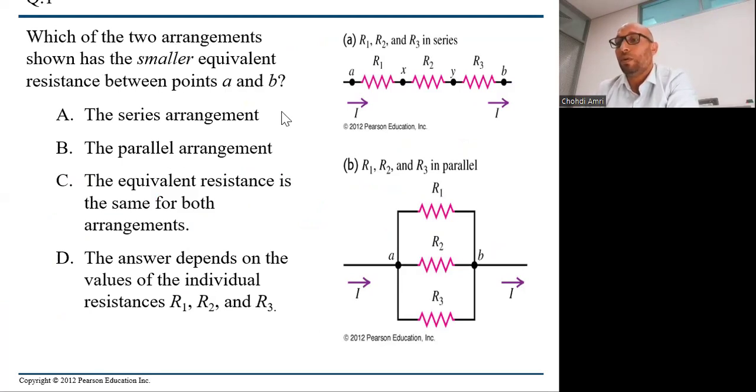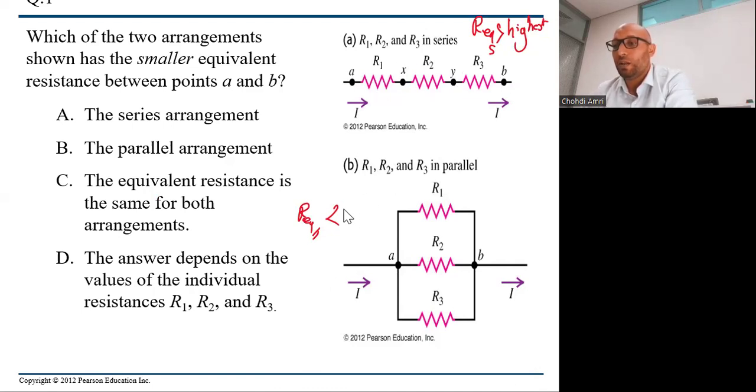As we said before, for the series combination, R equivalent is higher than the highest individual resistance in the circuit.